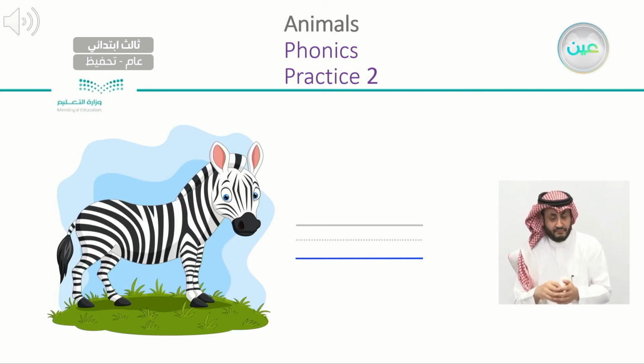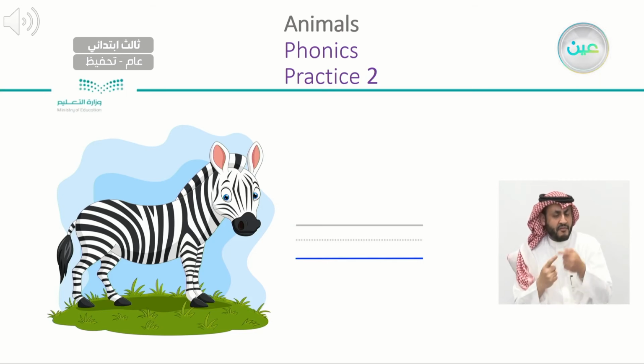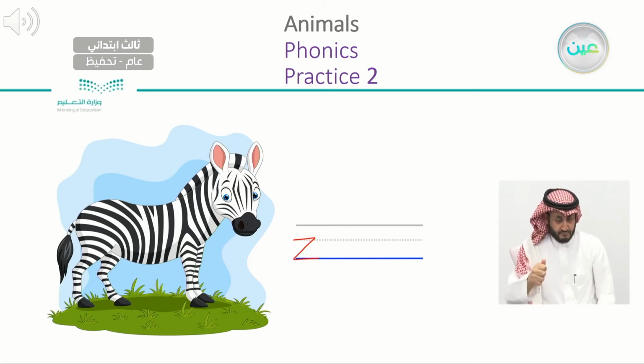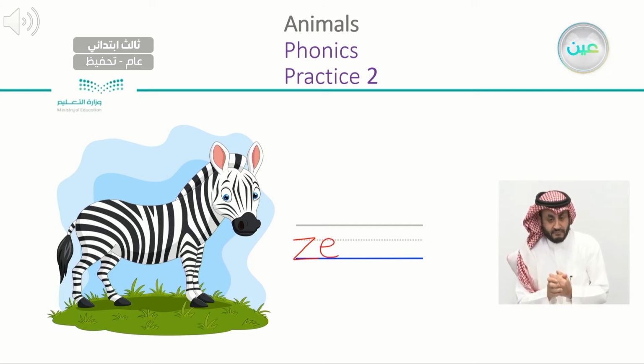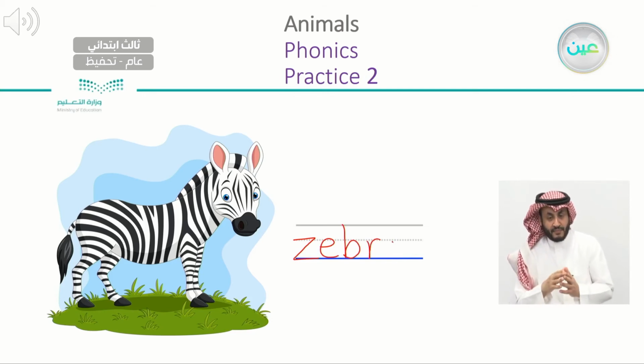Number 9. Zebra. Zebra. So the first sound is Z, Z. Zebra. E, E. Z, B, B. Zeb, ra.